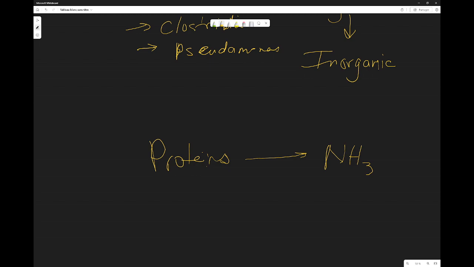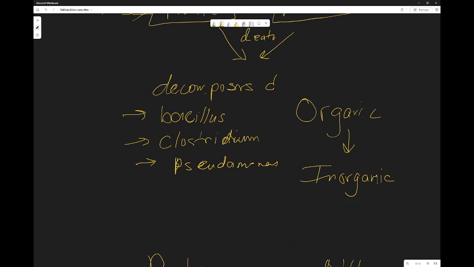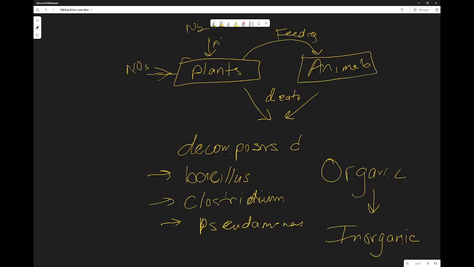So we look at the fact that the ammonium is being produced from the death or decay of the organism. Our decomposers like Clostridium, Bacillus, or Pseudomonas are breaking them down.